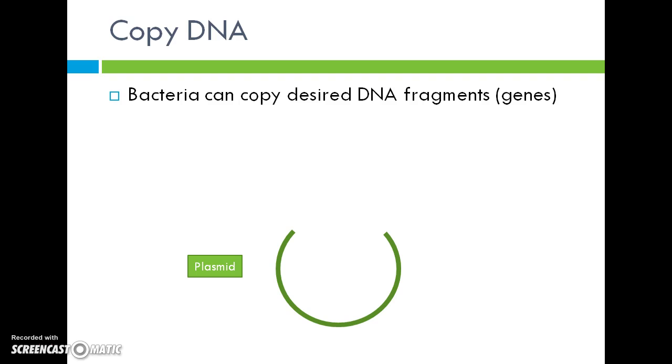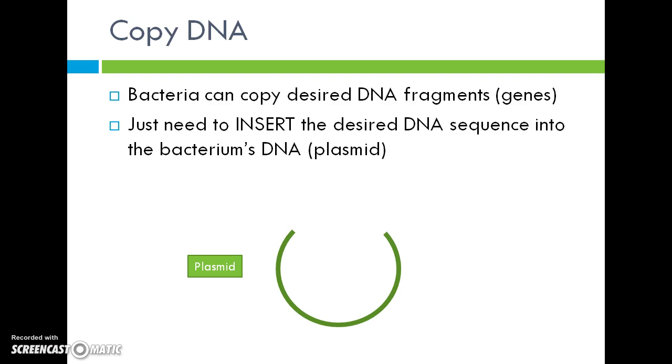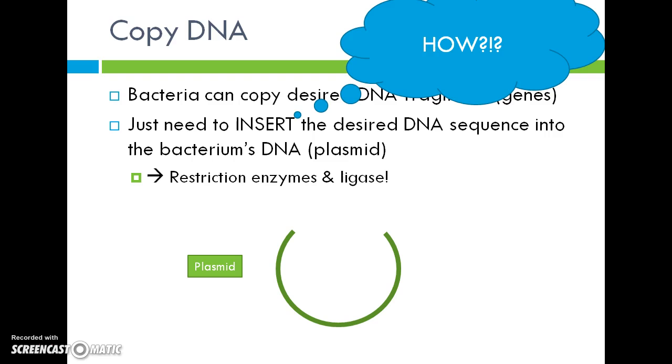So in order to get our bacteria to copy our desired DNA fragments or our desired genes, we need to actually insert them into the bacteria's DNA or plasmid. So here's our plasmid. Now, how do I actually insert it? Well, I'm going to use that restriction enzyme. So here the restriction enzyme has cut the plasmid, so there's this empty space.